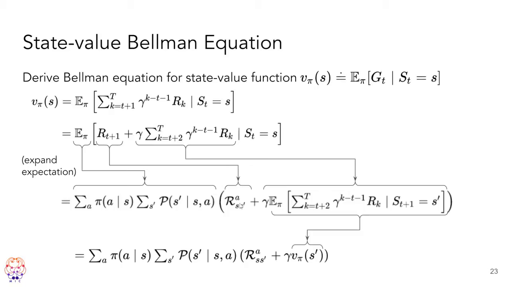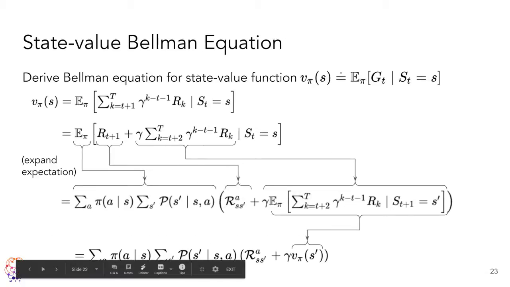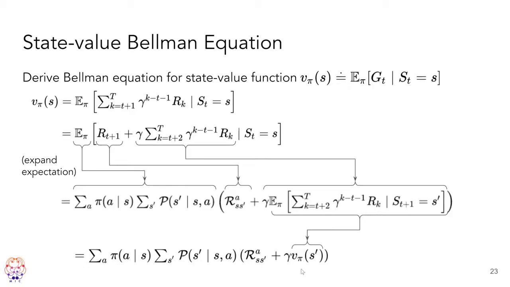This is the expected reward for the immediately following time step, and then this is the discounted expected reward after that. We can formulate this as this nice equation, where the first two terms are just the expectation. Importantly, we have it in terms of the next immediate expected return and the discounted value function for the next state. This is the important part of this equation: we're formulating the value function of the current state as a function of the value function of the next state.